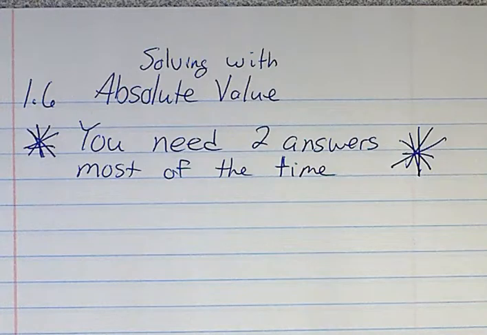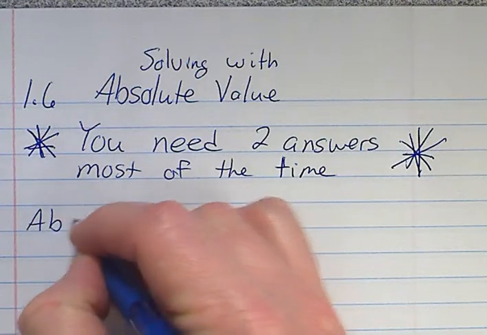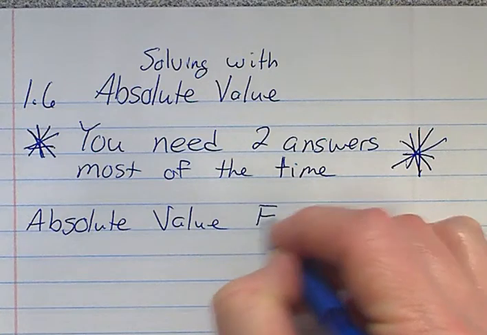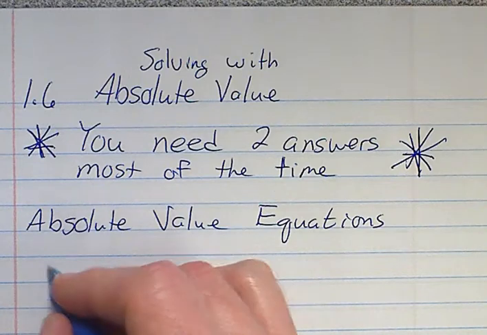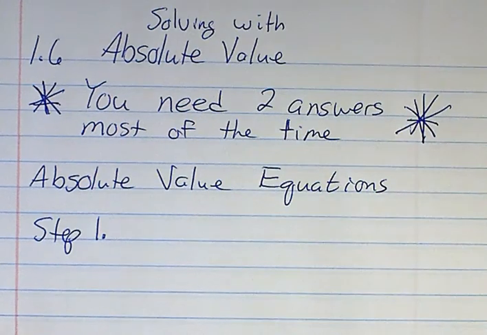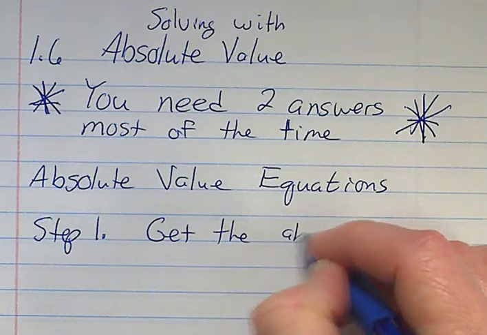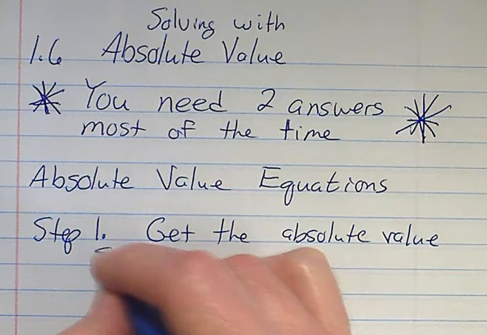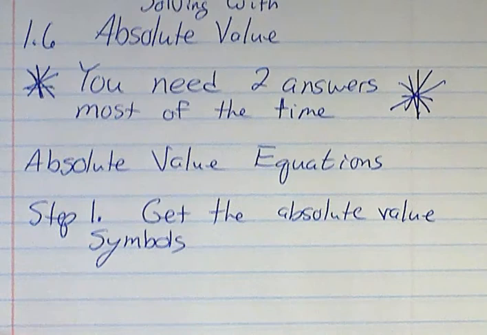All right, and when we're doing the equations and the inequalities, for absolute value equations, the first thing you're going to do is you have to get the absolute value symbols by themselves, because again, that's where you've got the two lines going around whatever part it is you're looking at.